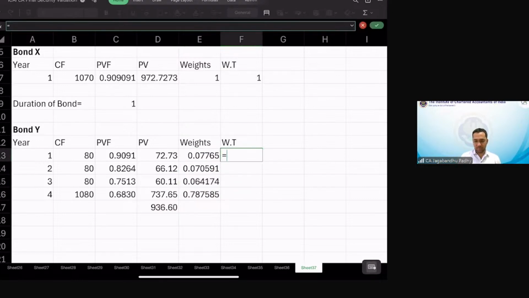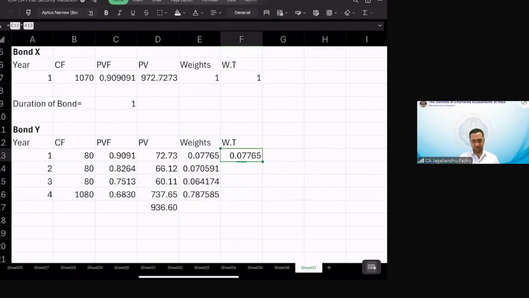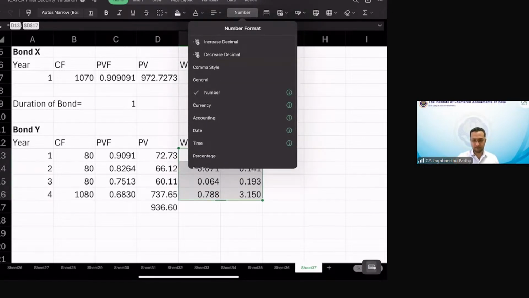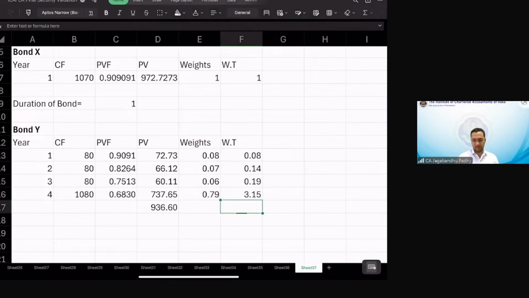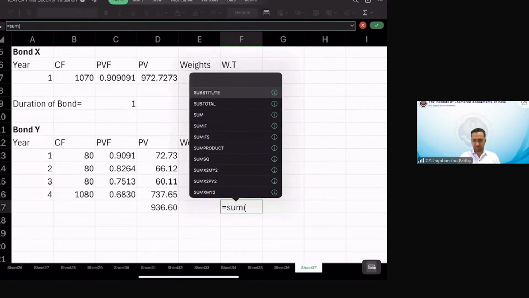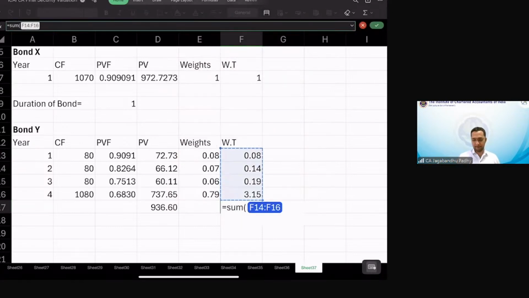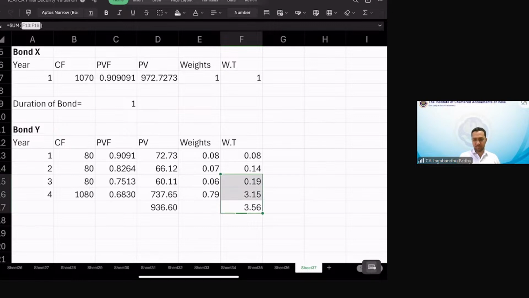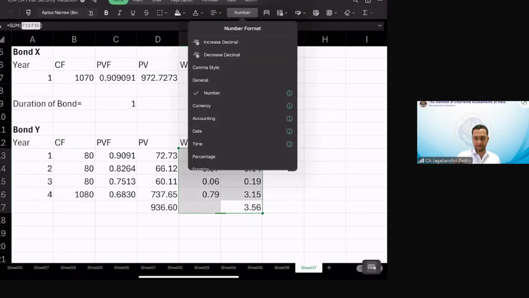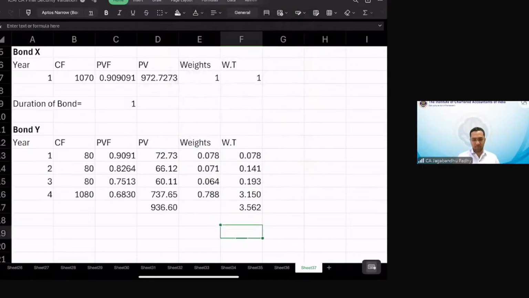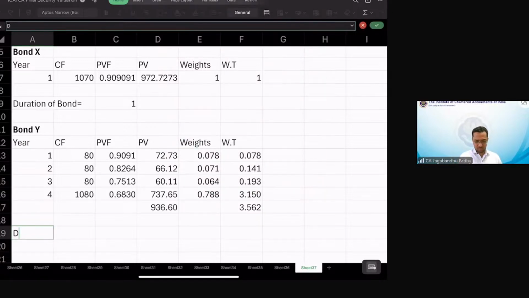We multiply the weights with the time period. And then what we get is simply the summation of it, and we get the modified duration of the bond.